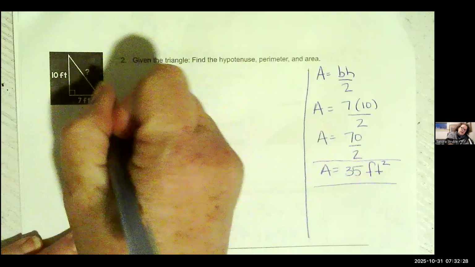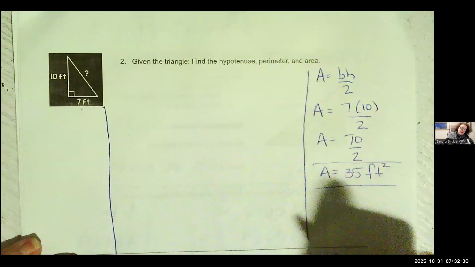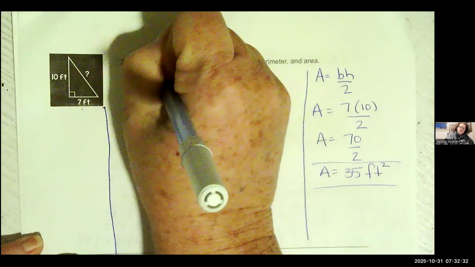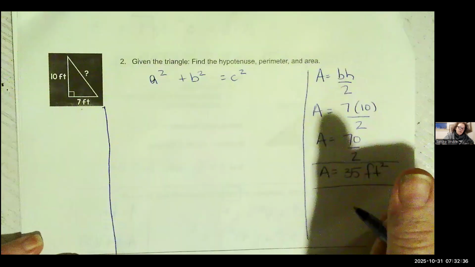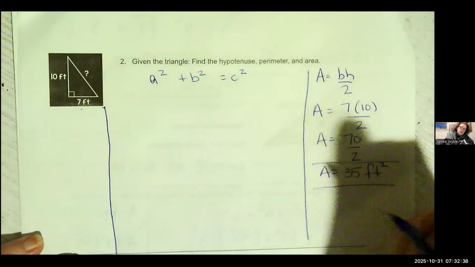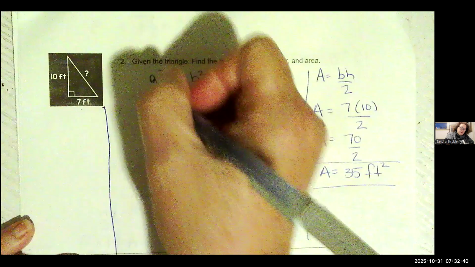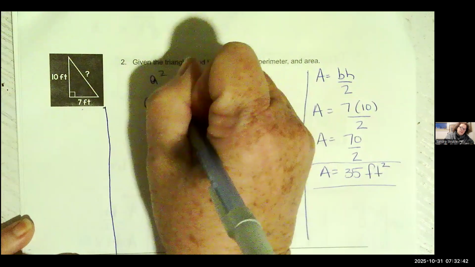So I need to use a squared plus b squared is equal to c squared to find my hypotenuse. Again, it doesn't matter which one I use as A and which one I use as B, because you're going to get the same answer.